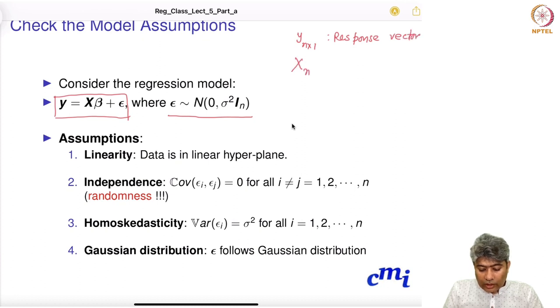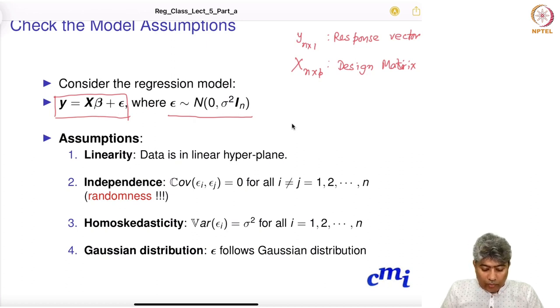X is an n cross p matrix known as the design matrix. Typically it contains the covariates, predictors, or sometimes called features.